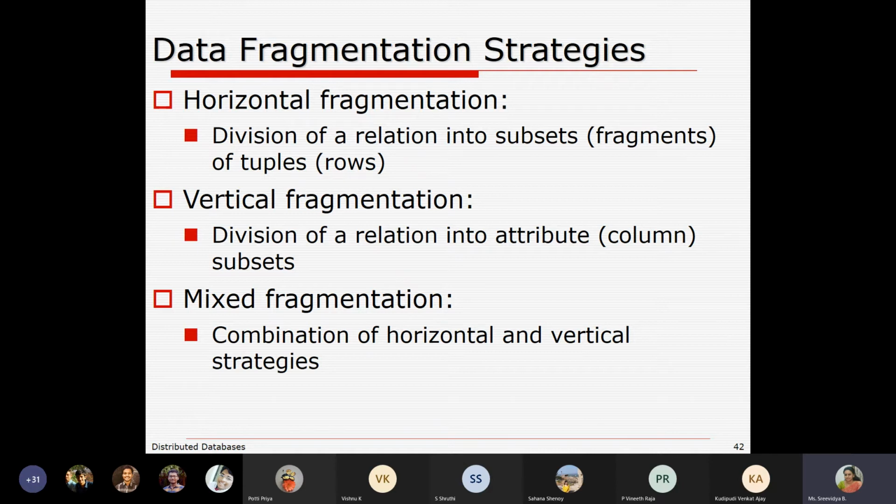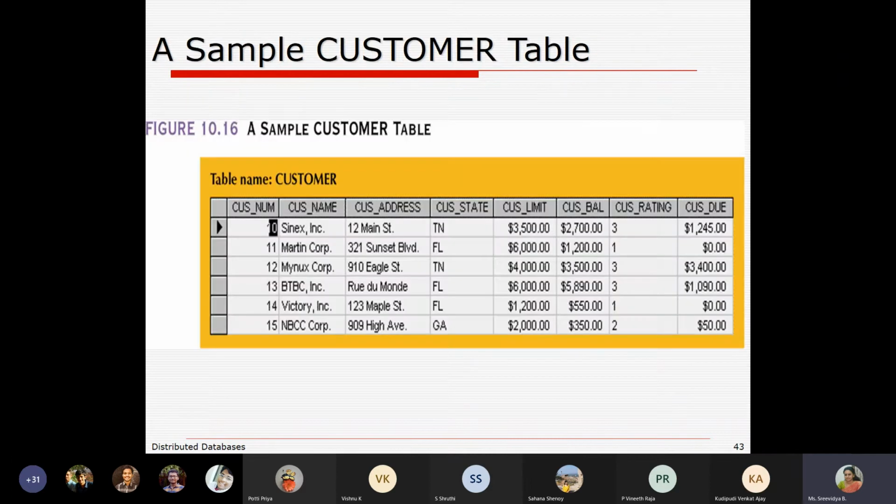If I break it first into C1 and C2, then C1's half, C1.1, I keep at site 1, C1.2 at site 2, then C2.1 at another site, and C2.2 at another site. Like that I can do. That is called mixed fragmentation. All these are possible. You will have challenges when you fragment, obviously, because sometimes when you execute some data transactions, you may require access to all these, but that is the challenge.